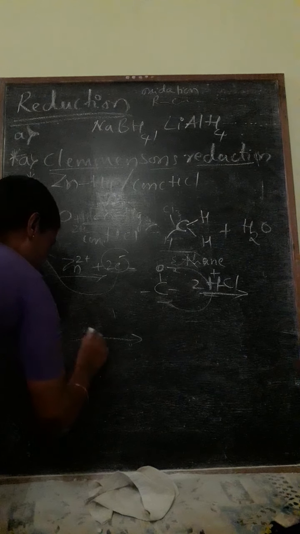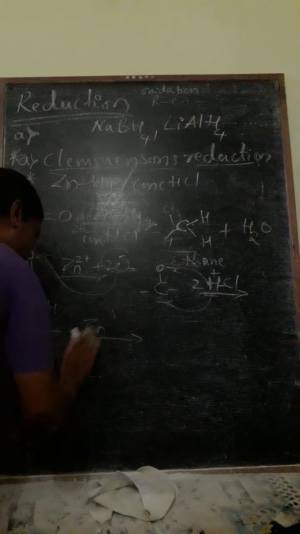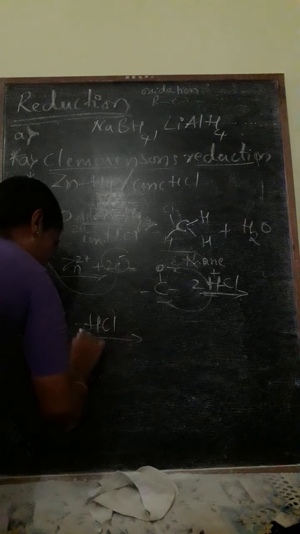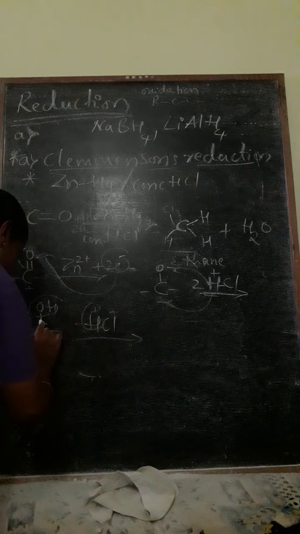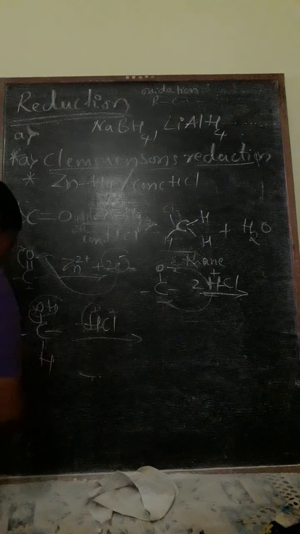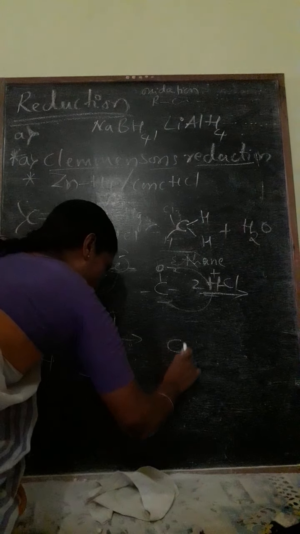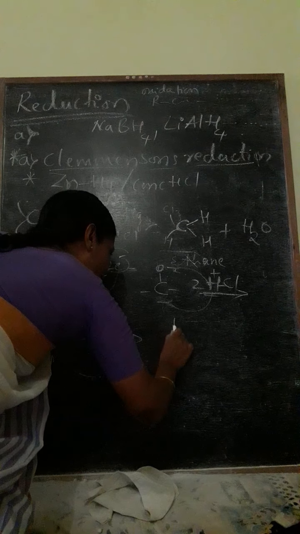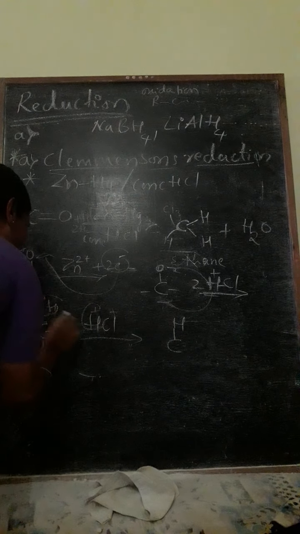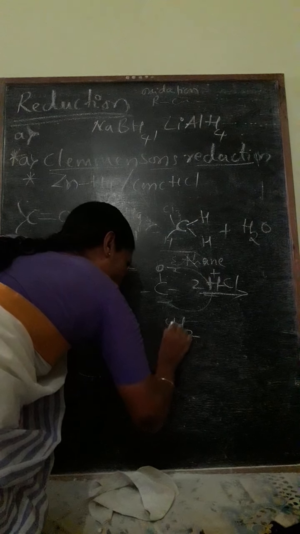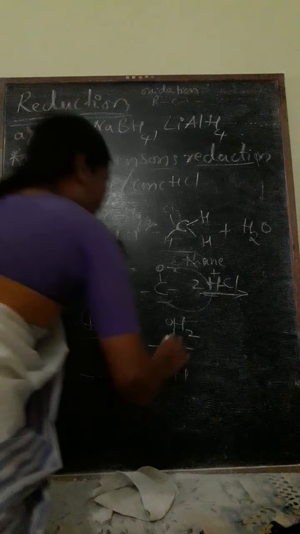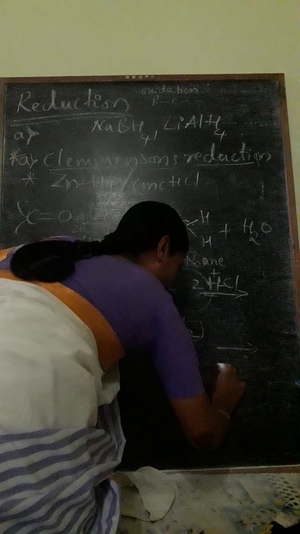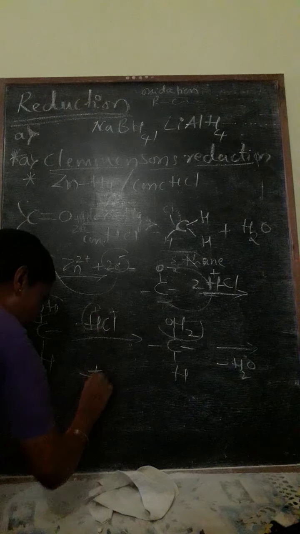Further, what happens here? Zinc plays a role, or I will take another HCl molecule playing a role, that is H plus and Cl minus. This OH gets protonated, and oxygen is donating electrons to the hydrogen. There is elimination of water, H2O, and the remaining is C plus.